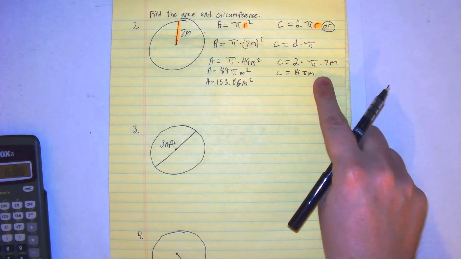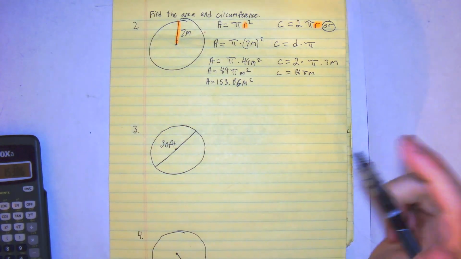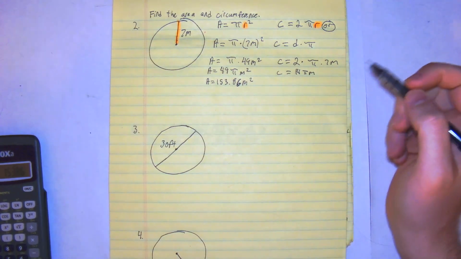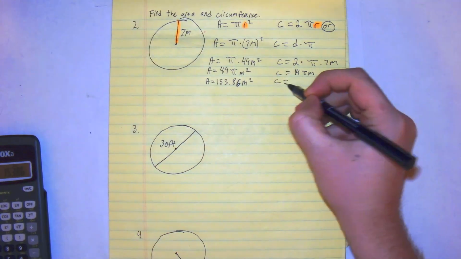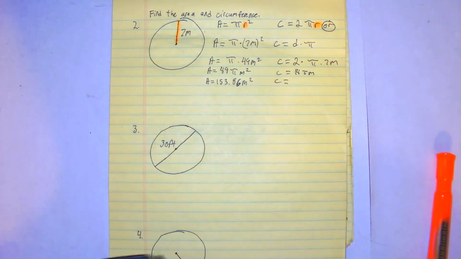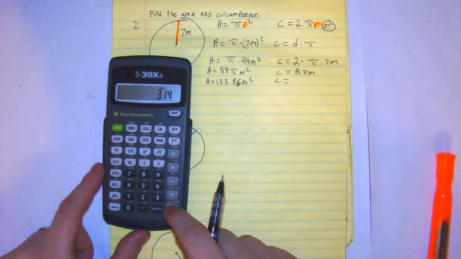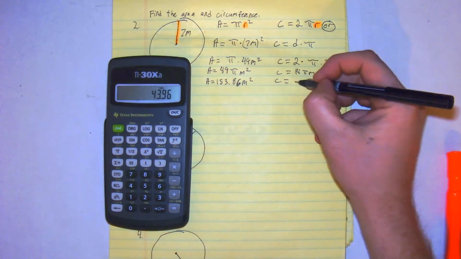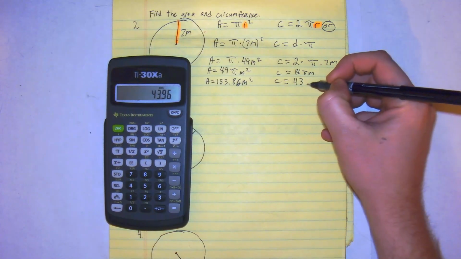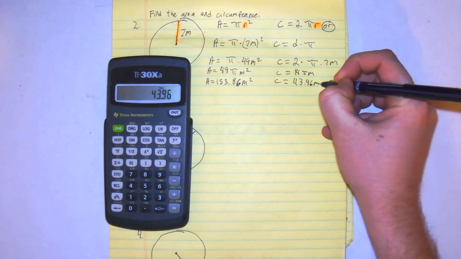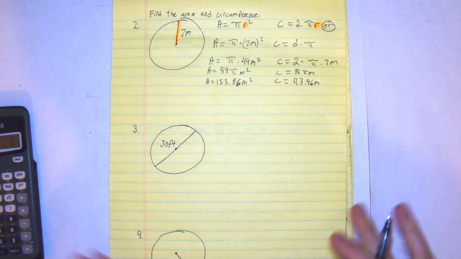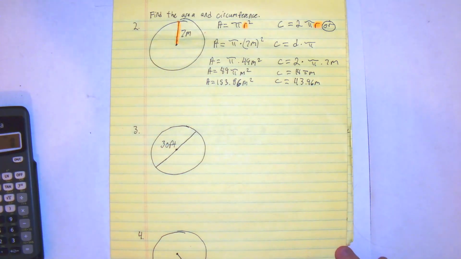That's our exact answer. Or if you want to just round it, you could also have it as C is equal to 14 times 3.14, and you would get 43.96 meters. Alright, that's how you do number 2.